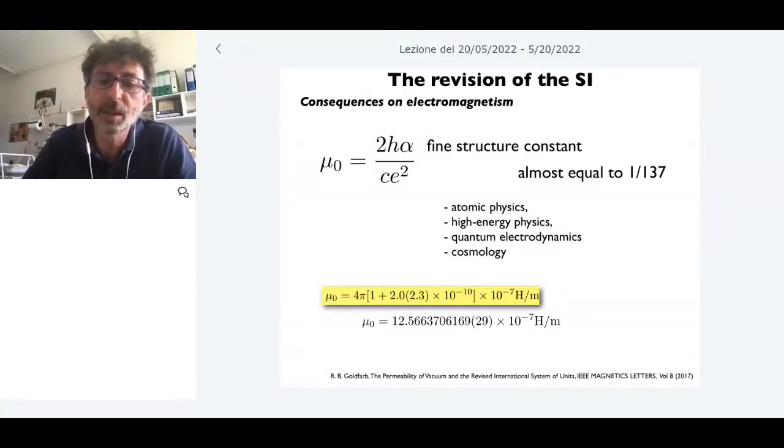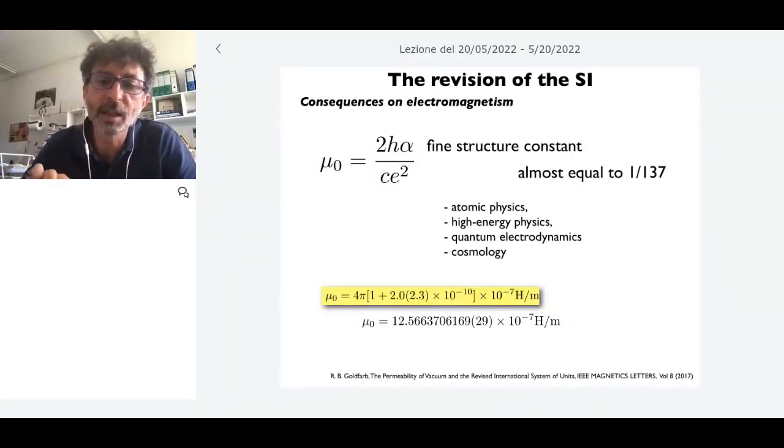No, I meant that at the beginning, they could also choose to fix alpha and not to fix e, the elementary charge. But then probably all the quantum electric measurements would lose some beauty, and that is not acceptable at the moment.